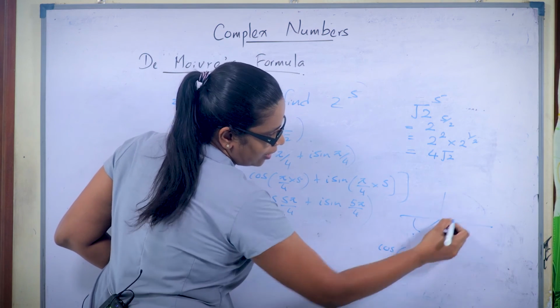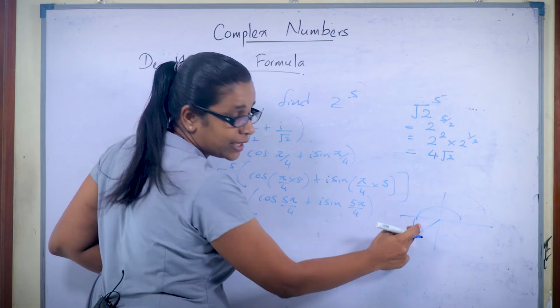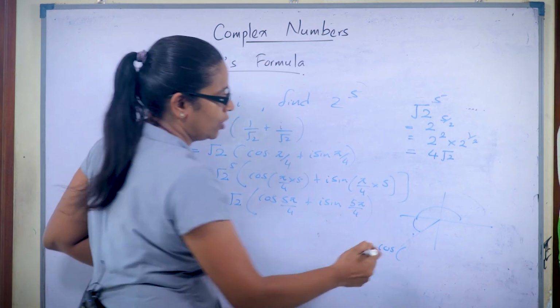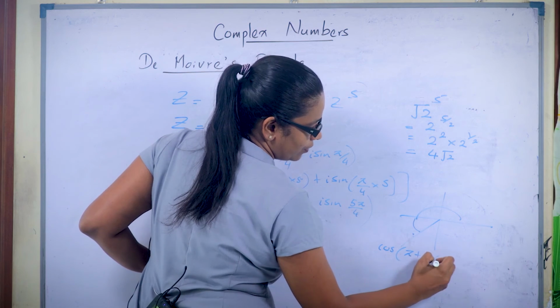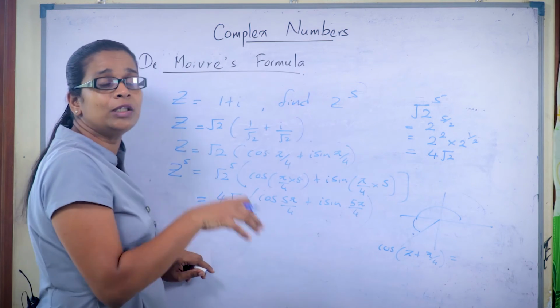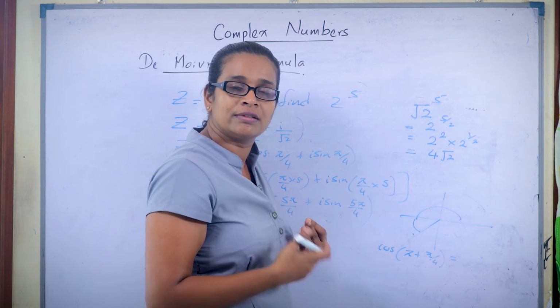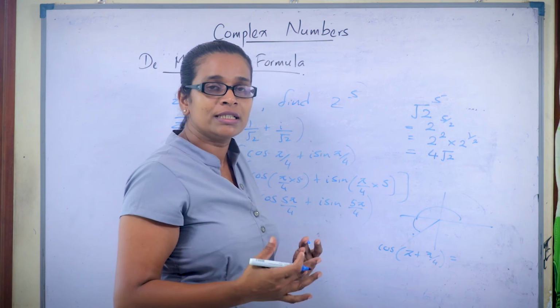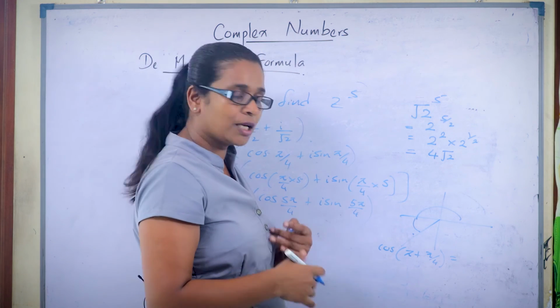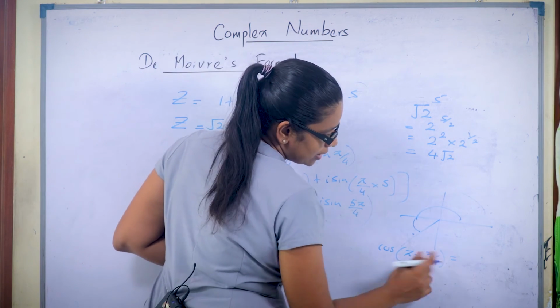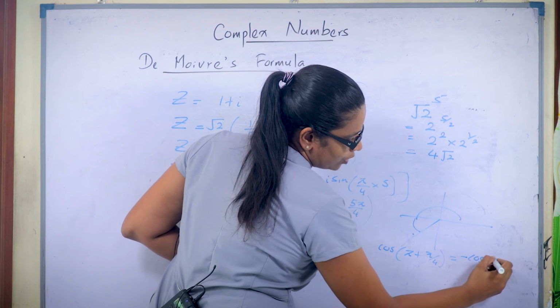So cos of π plus π/4. Okay. It is in the third quadrant. In the third quadrant, only tan values you are considering as positive. All other trigonometric ratios become negative. Okay. So this one is minus cos π/4.